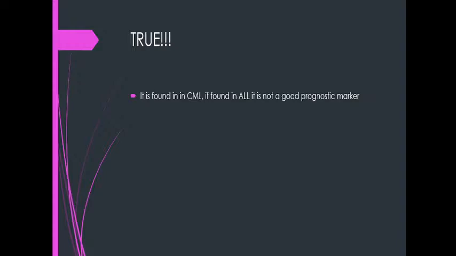But if it's found in patients with ALL, it means the patient's prognosis is poorer. Bakit nga bumaba ang chance niya? Kasi nagta-transition na siya to CML. Alright? So tama, Joanna.